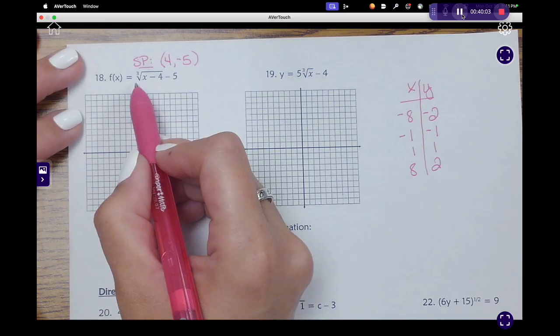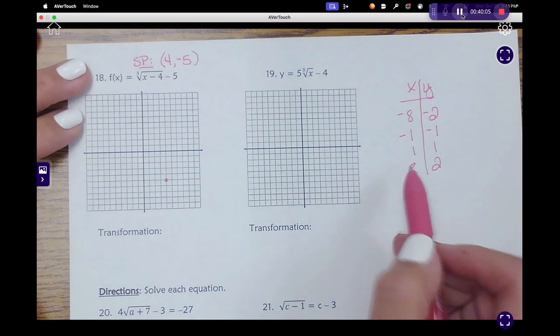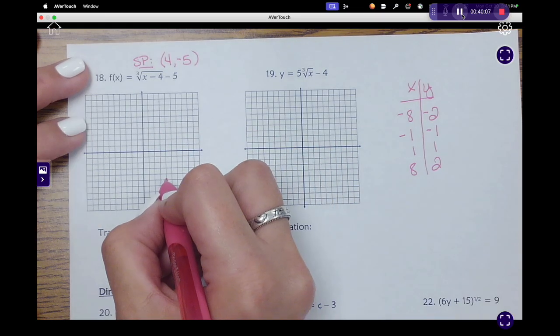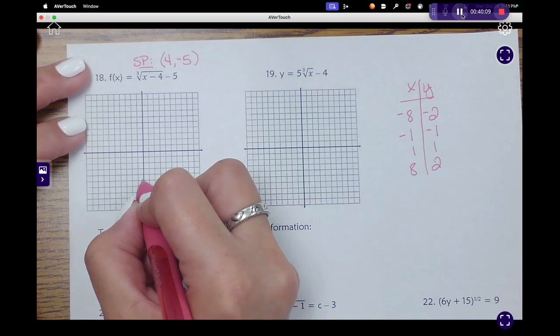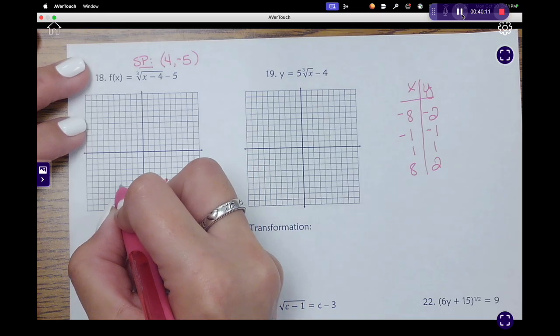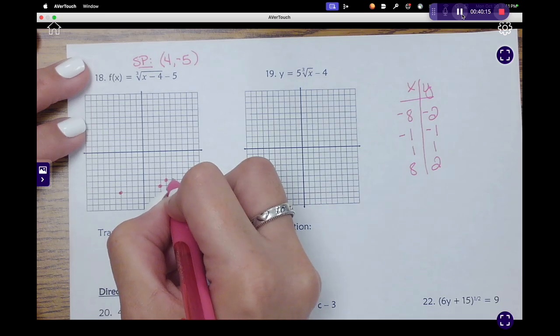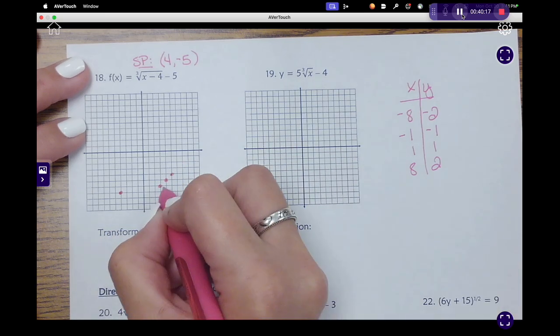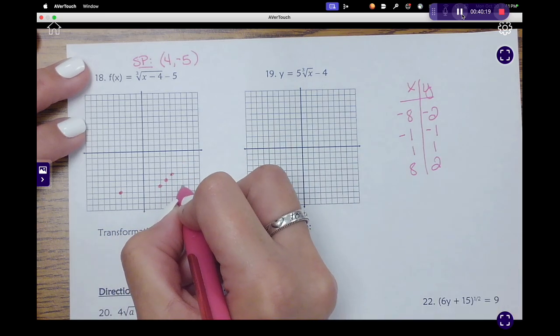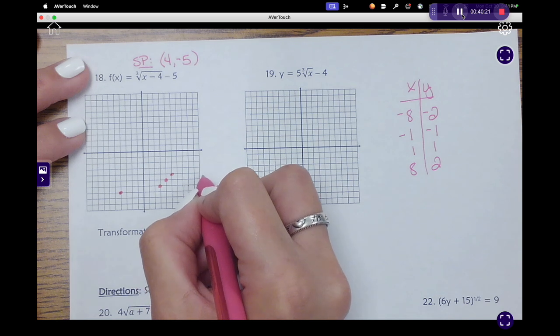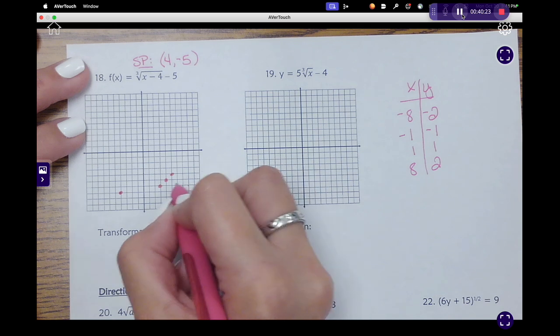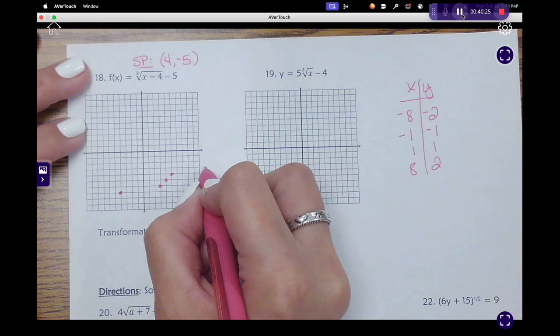And then my a value didn't change at all, so I'm going to go ahead and just graph these. So I'm going over -8 and then down 2, over -1 down 1, +1 up 1, and then +8, and then up 2. Oops, +8 up 2.